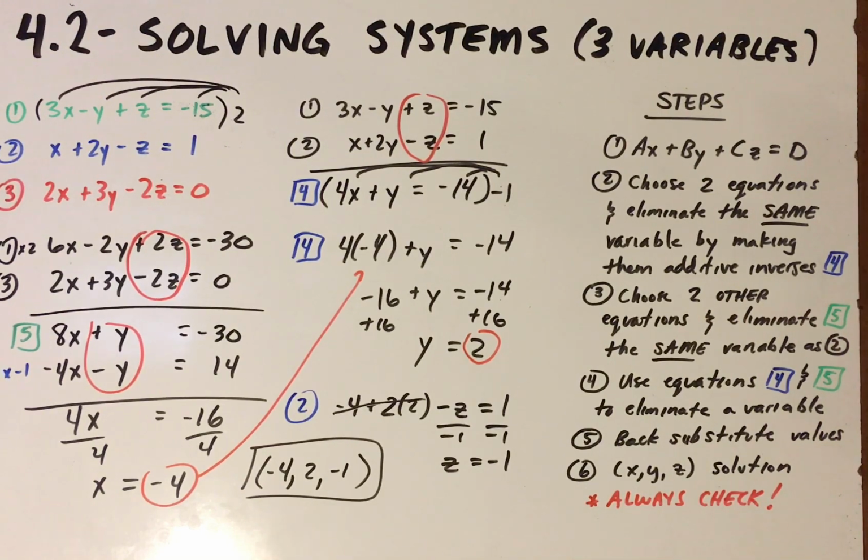Okay, so this is an example of a consistent and independent system with one unique solution. And again, you'll have to look at your graphic there on your guided notes to see what that looks like or could possibly look like.